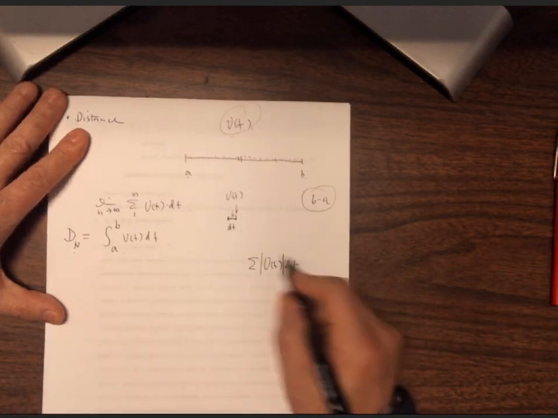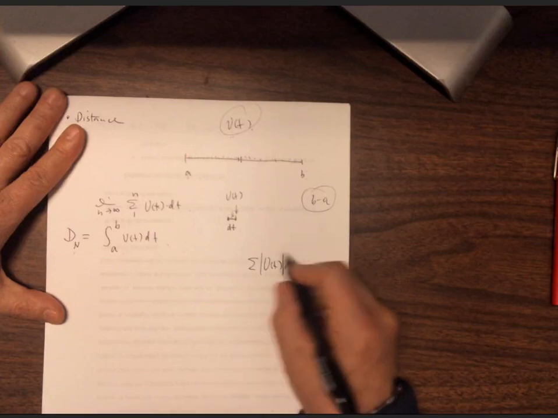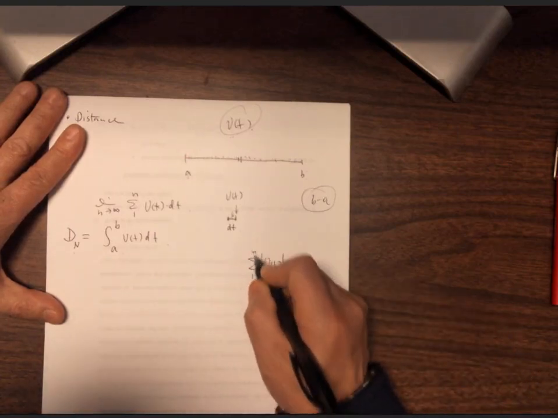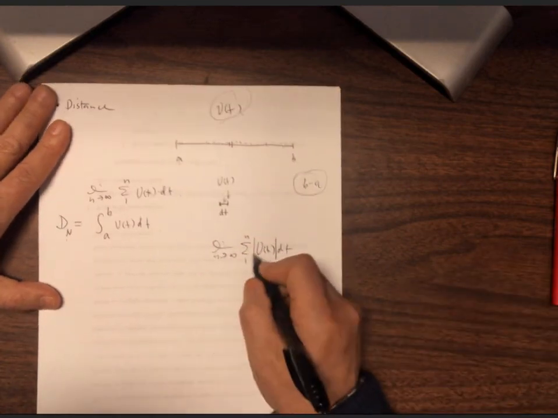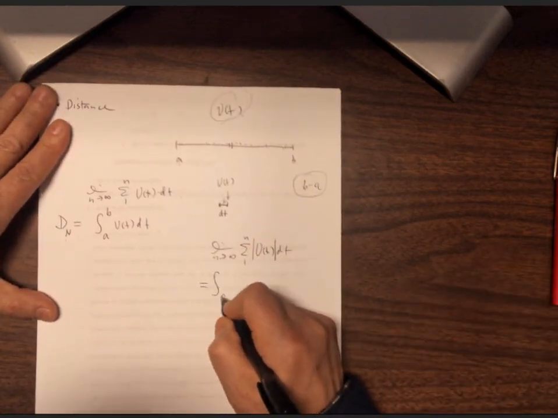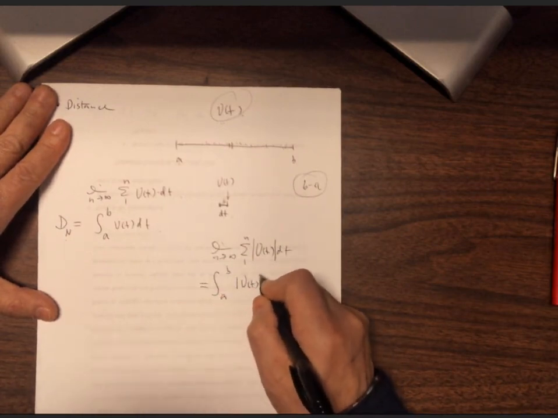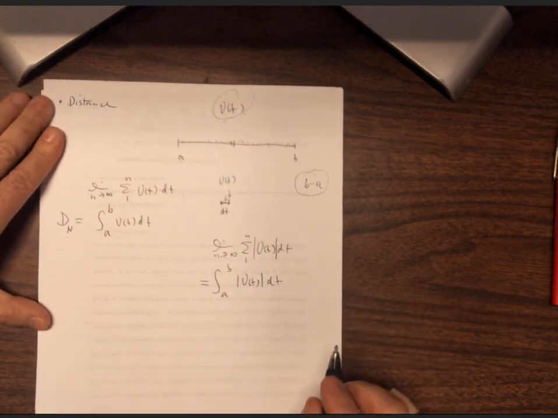So we would still do a Riemann sum. This is still a Riemann sum. It's just that we turn every term to be positive. 1 to n, n to infinity. This is still a definite integral. A to B this time is the absolute value of velocity. We integrate.